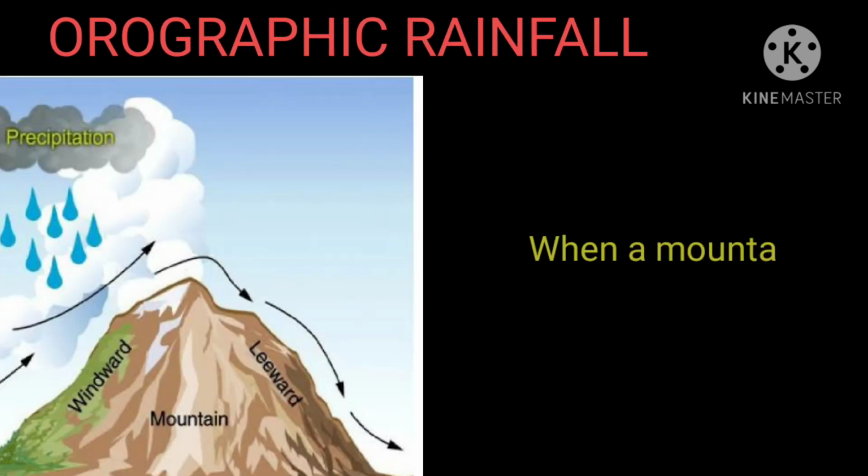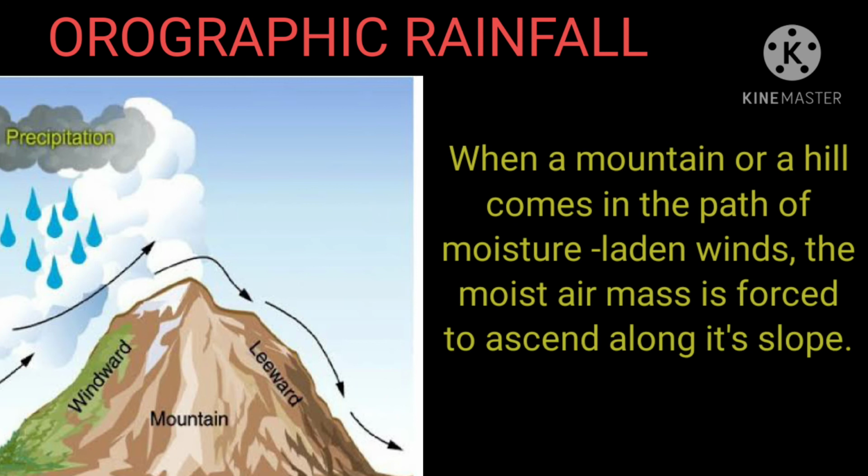Next is orographic rainfall. Children, when a mountain or a hill comes in the path of moisture-laden winds, the moist air mass is forced to ascend along its slope.